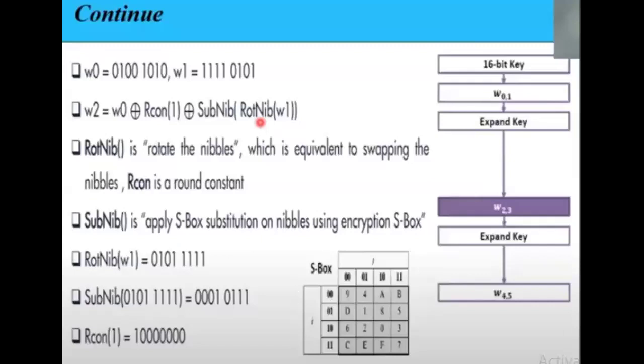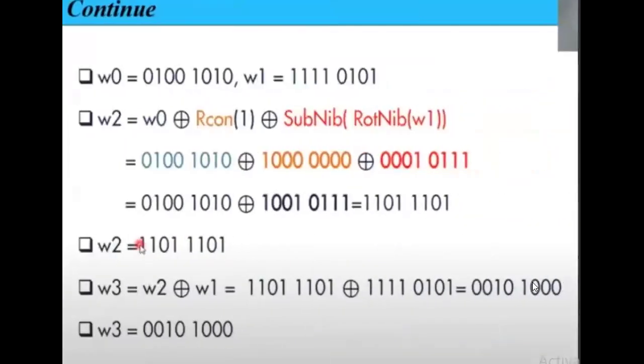So moving on, this is the straightforward equation. W2 is equal to W0 XOR round constant 1 XOR substitute nibble, rotate nibble W1. Once you are done with that, you will be getting the W2 value. Just look at the example. Here W0, W1 is given.